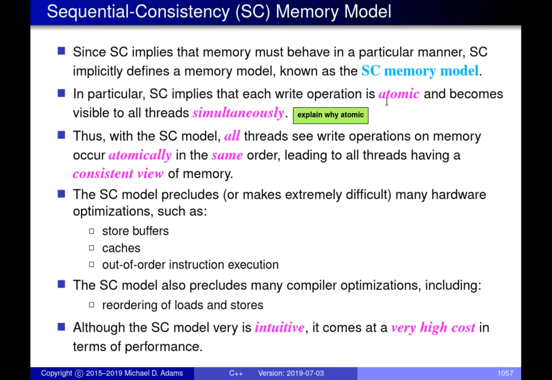So you can't really have two memory accesses happen at the same time, because you're essentially serializing the execution of the code. So all memory operations are essentially atomic, and all writes to memory become visible simultaneously to all threads. And this might seem like a trivial thing, but it's not at all. It's a very non-trivial thing that all writes become visible to all threads at the same time.